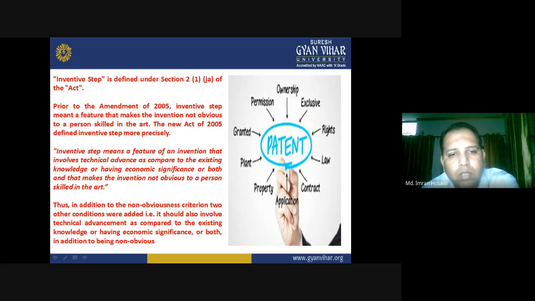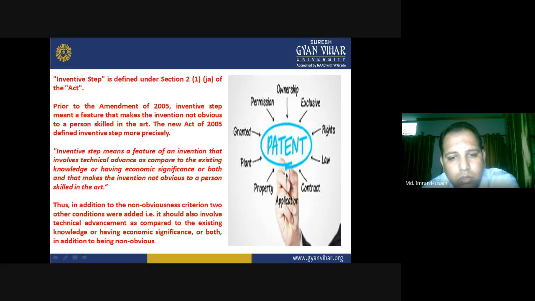Inventive step means a feature of an invention that involves technical advance as compared to existing knowledge, or having economic significance, or both, and that makes the invention not obvious to a person skilled in the art. Thus, in addition to the non-obviousness criterion, two other conditions were added.